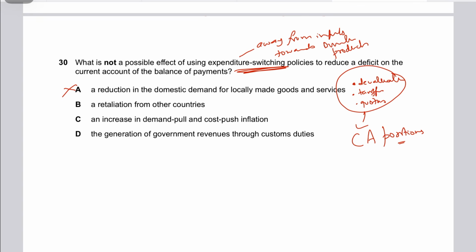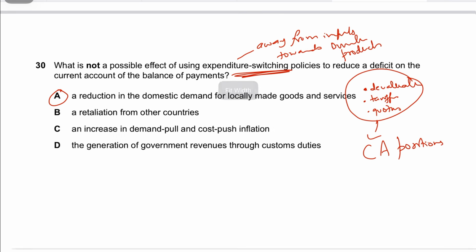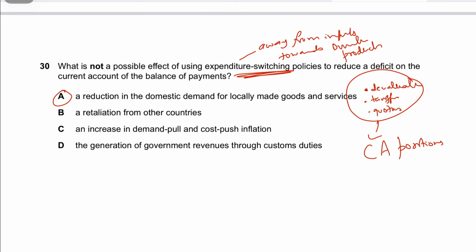That's what makes option A the correct answer, because the question asks what is not possible after using expenditure switching policy. A reduction in domestic demand for locally made goods and services is not possible.